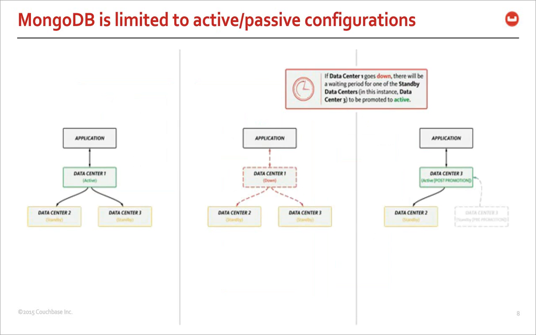The other one is around availability. There are different options for how you might have deployed MongoDB. One of the basic ones here is the idea that if all your primaries are in one data center, your secondaries sit on the others. And so there is some degree of availability in that if the data center with the primaries fails, the secondaries in a different data center can be promoted to primary.